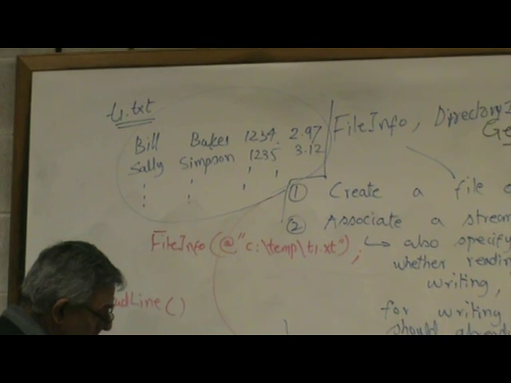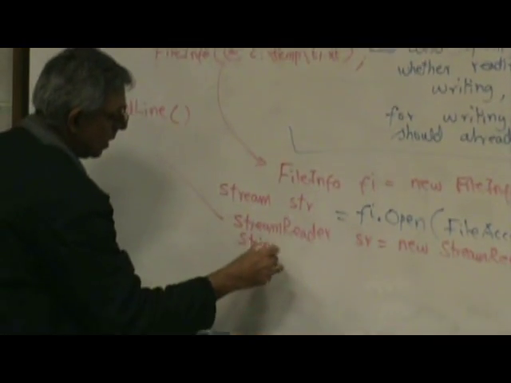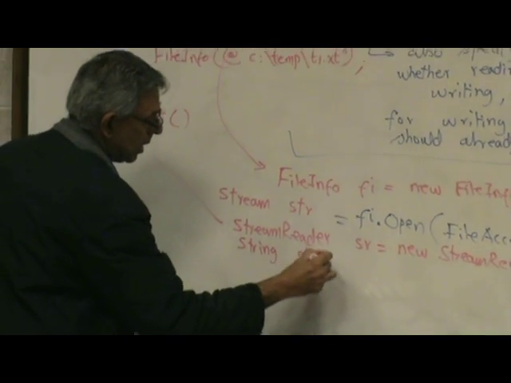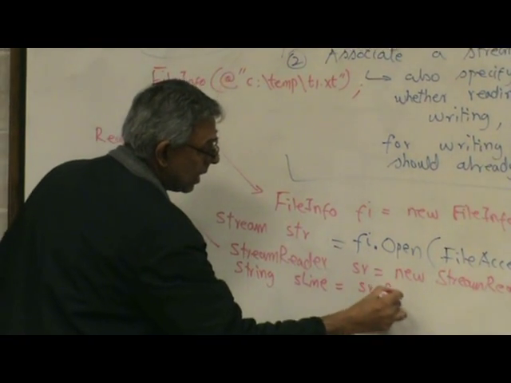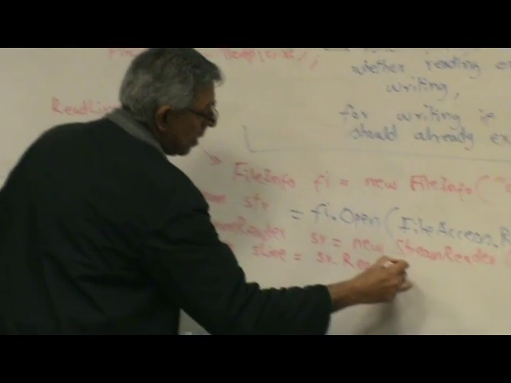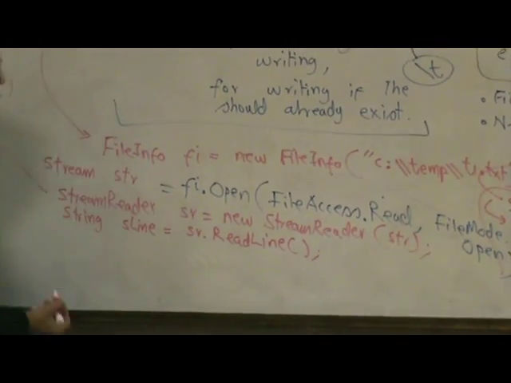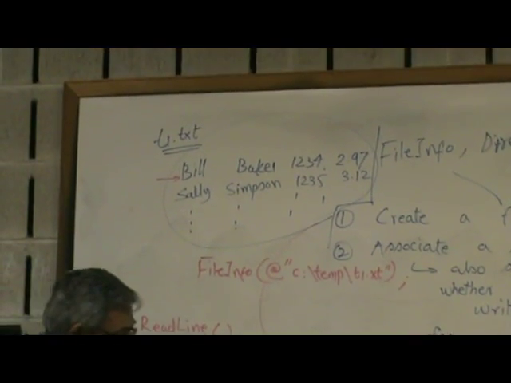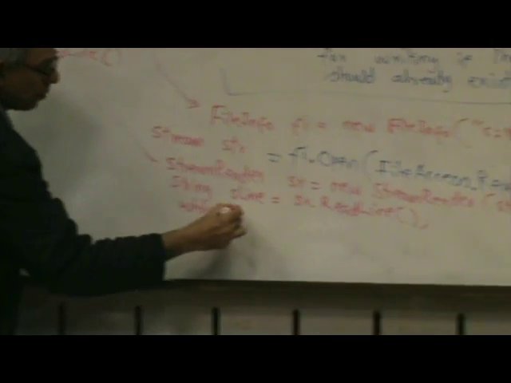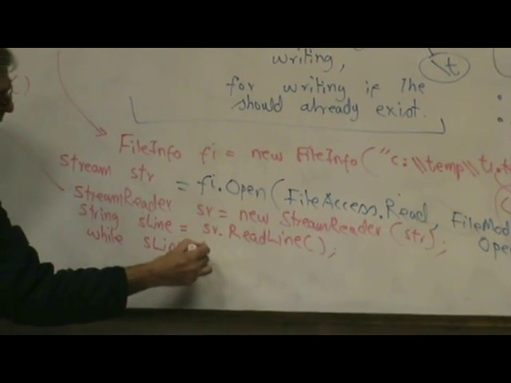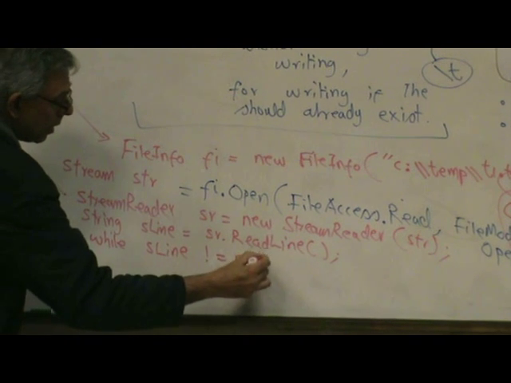You will say string, let's say sLine equal to sr.ReadLine(). Okay, so this will read the very first line, right? And then you will go into a while loop, while sLine not equal to null.